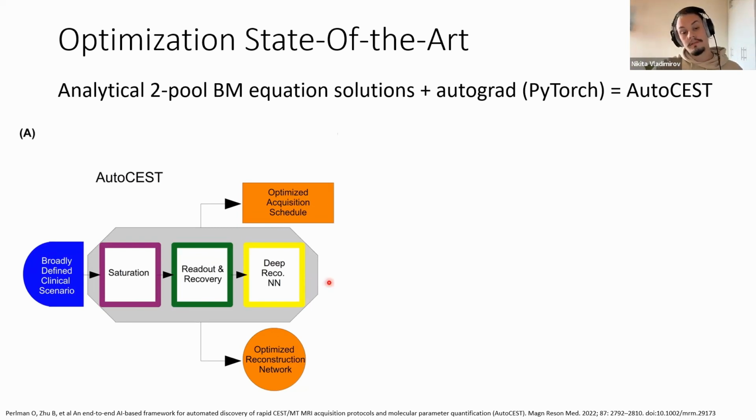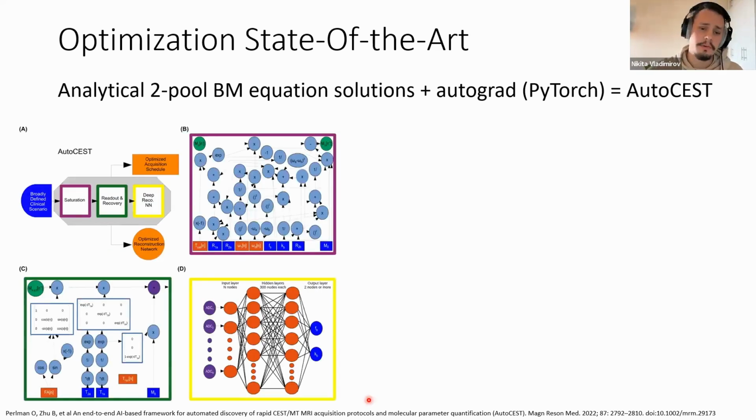And the last block is a neural network for the reconstruction, just to overcome the problems of the dot product. And this can be done end-to-end. It gives us at once an optimized sequence and an optimized network for reconstruction. So here you can see the graphs of this calculation. They are pretty complicated.